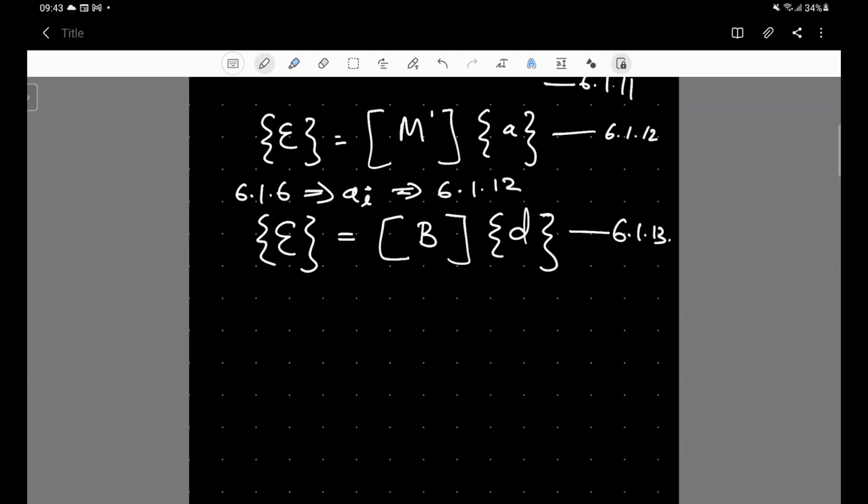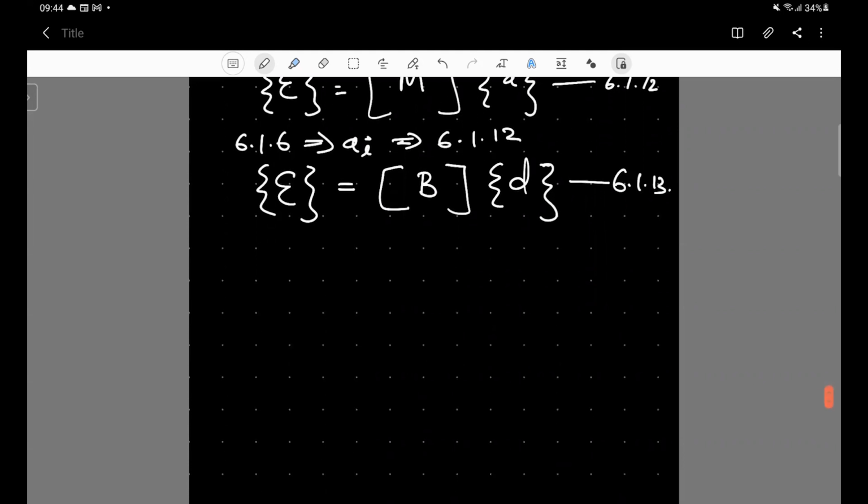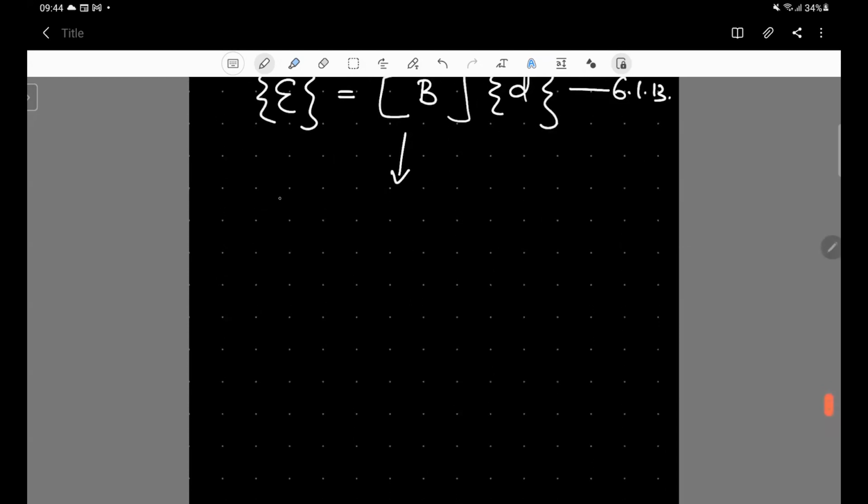So here the B function is a function of variables x and y. Just like in the previous case, it was a function of x, y, and certain constant terms.